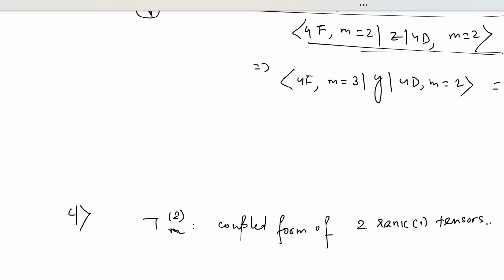So if your tensor rank 2 has to be written down, that is basically a sum over m1 m2, then here l will be, sorry, not L, this will be 1 because that is the rank that we are defining. So this is 1 m1 and then 1 m2.